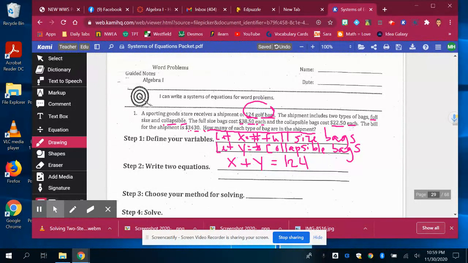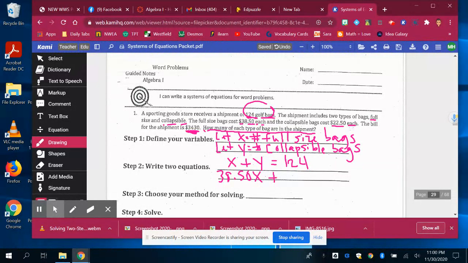Our next equation, we have another total. We have this $3,430, and that's going to be our total cost for both bags. We know that it's $38.50 for each full-size bag, so I'm going to say $38.50 times the number of full-size bags.